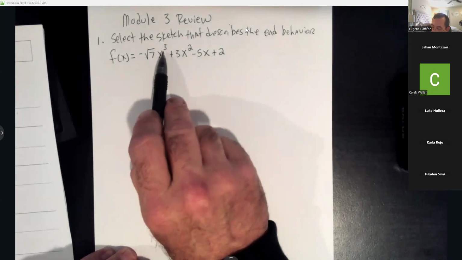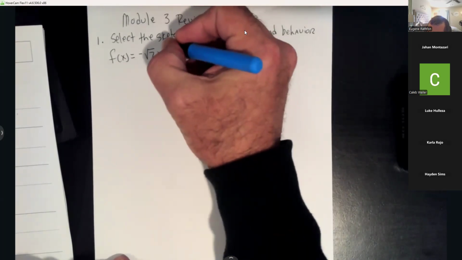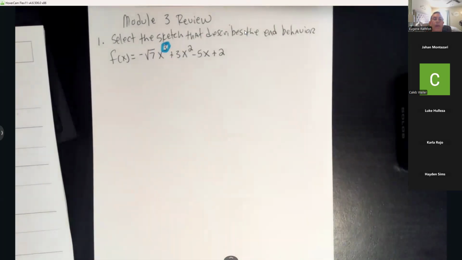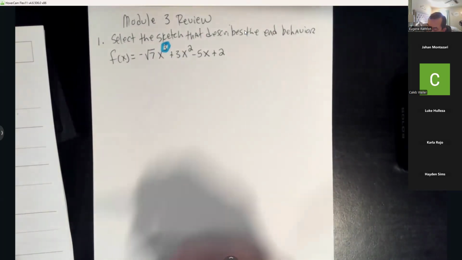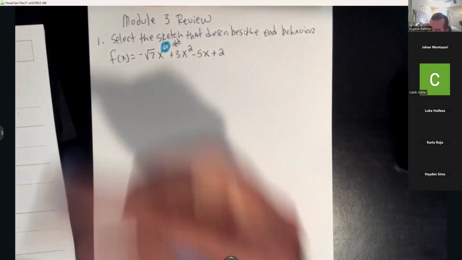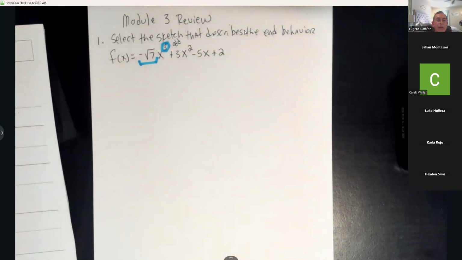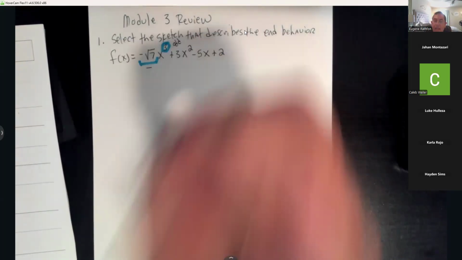Alrighty, so for me, my degree is a 3 here, and that 3 is odd. And my lead coefficient is a negative square root of 7. So that thing is negative.